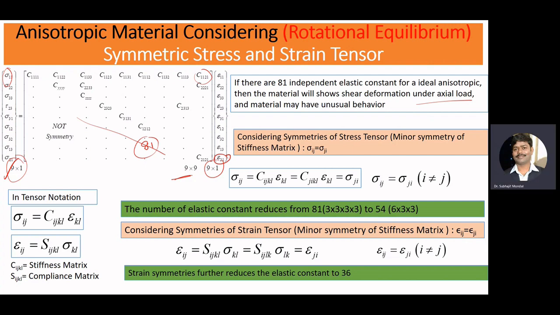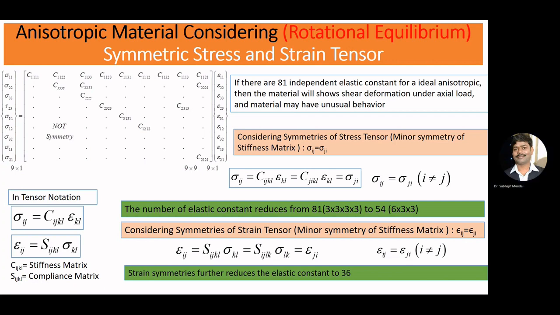One more thing you observe is that the stress tensor and strain tensor are not symmetric. Normally we have the stress tensor and strain tensor as symmetric tensors, but here, for a fully anisotropic material, we do not have a symmetric stress tensor or strain tensor.